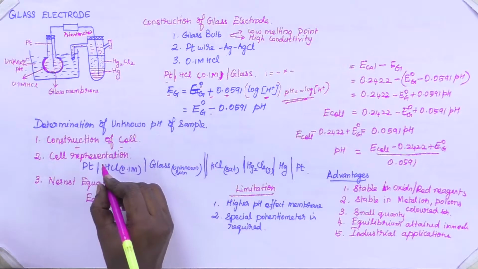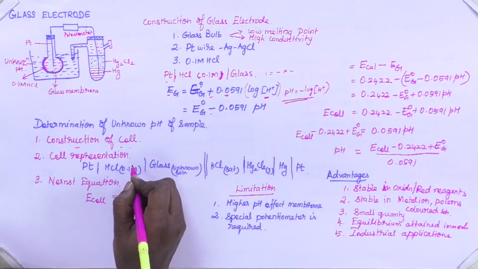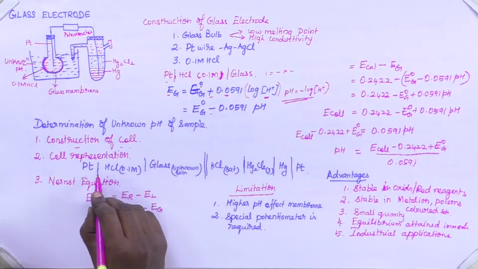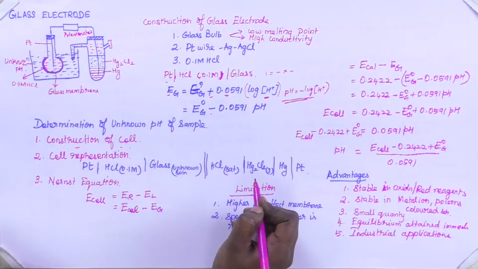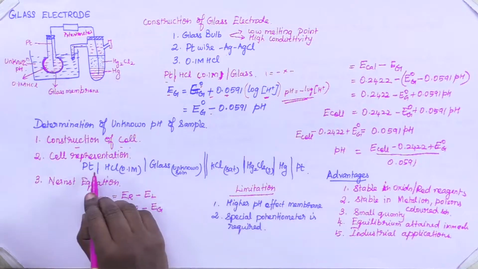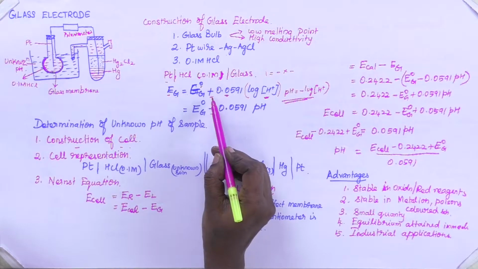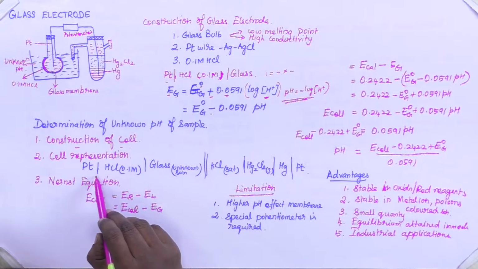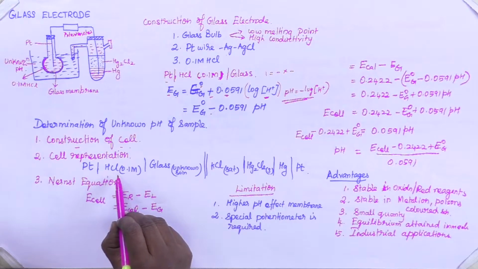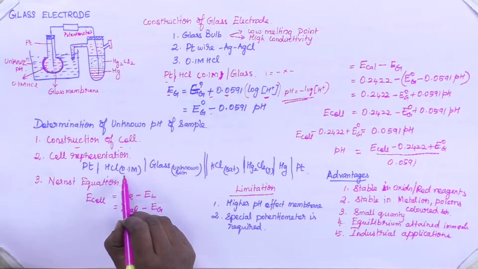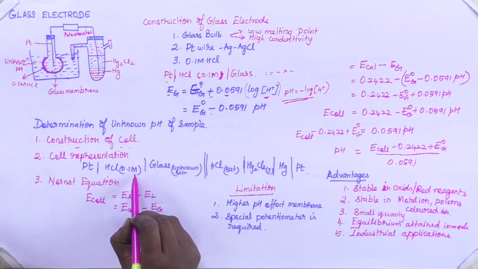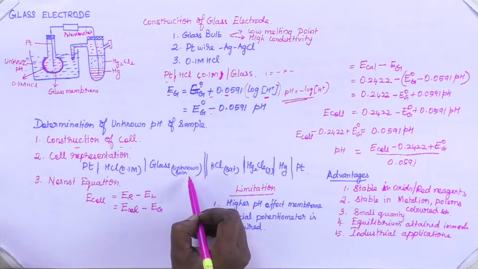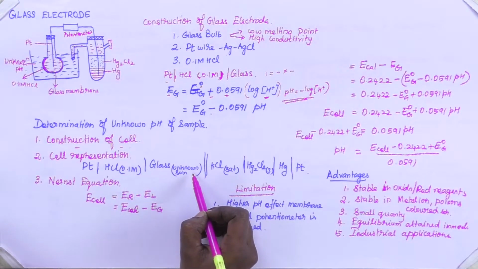Now we have to write the cell representation. As usual, the anode is written in the left hand part and the cathode in the right hand part. Whatever we wrote for the glass electrode is represented here: first platinum and HCl, the electrolyte present in the medium, with concentration 0.1 molar, and the glass membrane, which also takes part in the electrode.